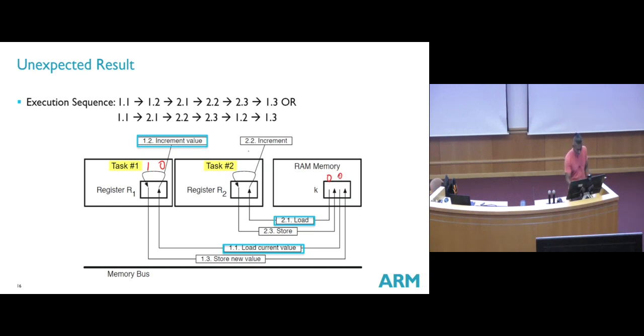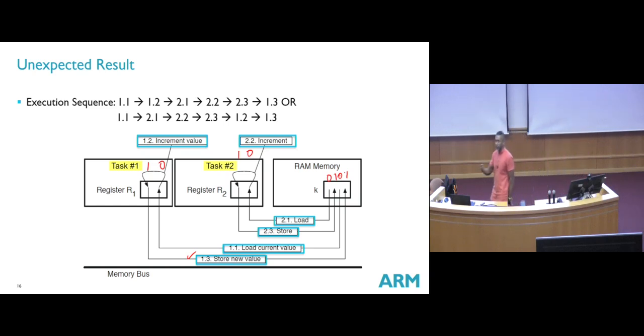So 0 will come here, increment becomes 1, and 1 will be written back. Then before I write back, I switch back to task 1, and task 1 will do the store, which is 1. Then I context switch back to task 2, and again our update becomes 1.